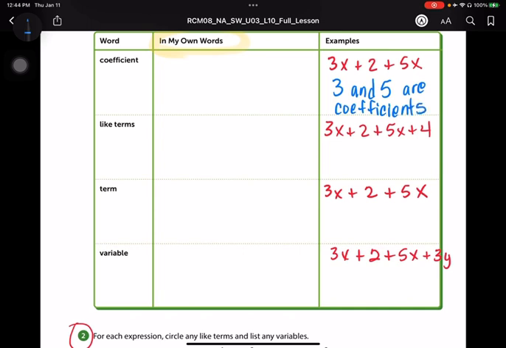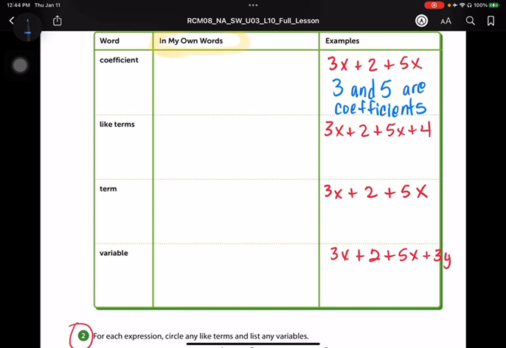For like terms, you should have had two or more terms that are multiplied by the same variable. Constants are also like terms. So two or more terms where the variable matches, something like that, would be correct.